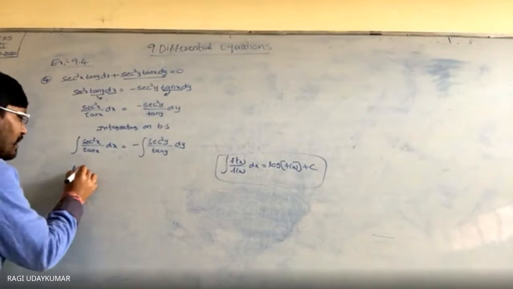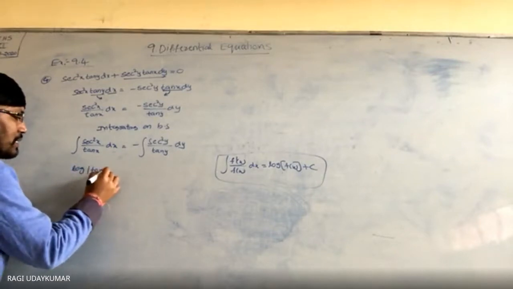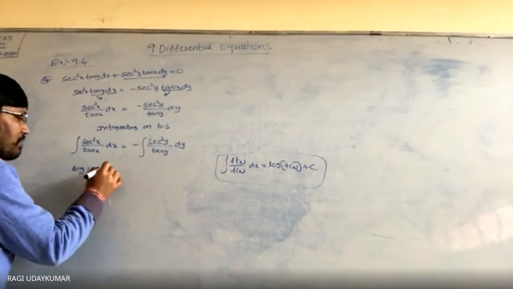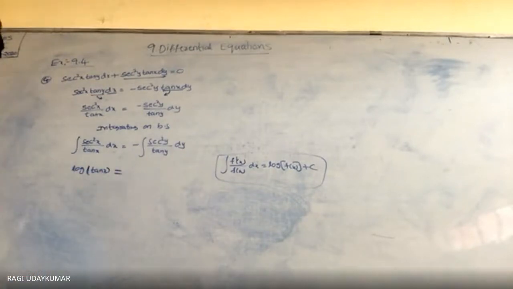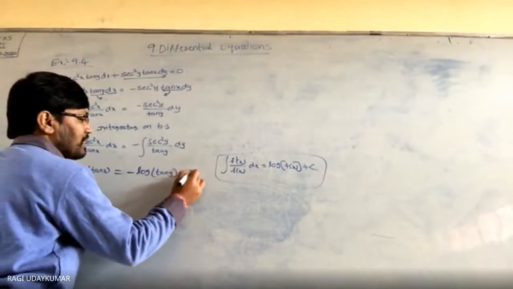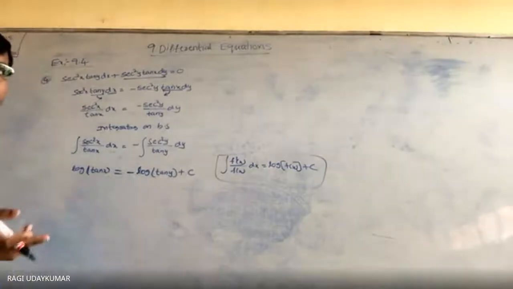So you can write here logarithm of tan x is equals to minus logarithm of tan y plus c, because the constant has to be taken into consideration.